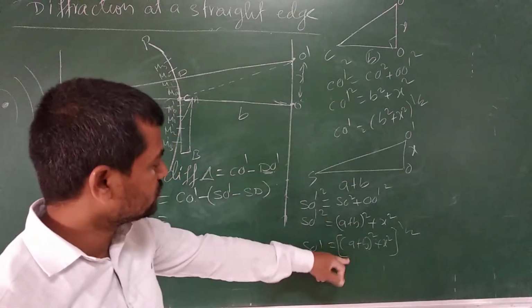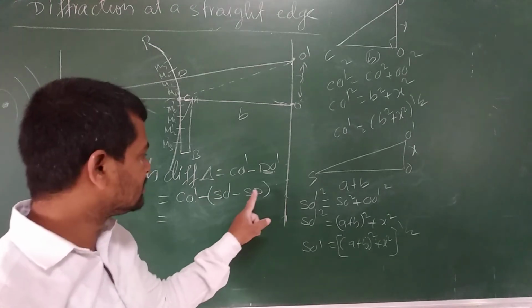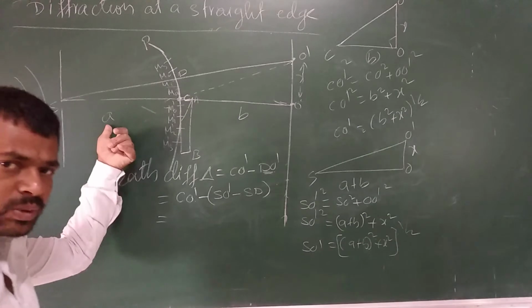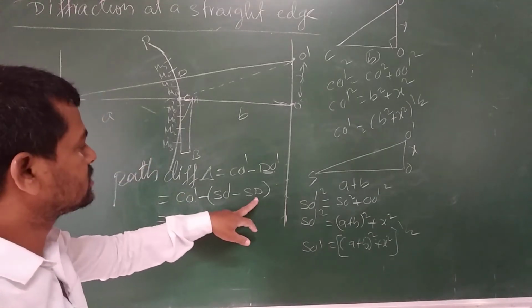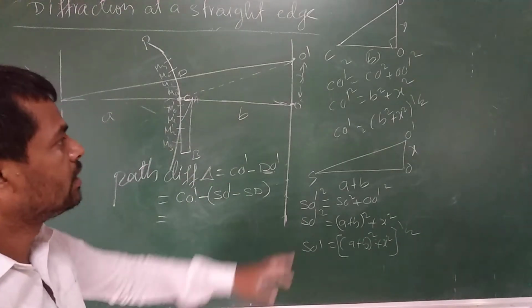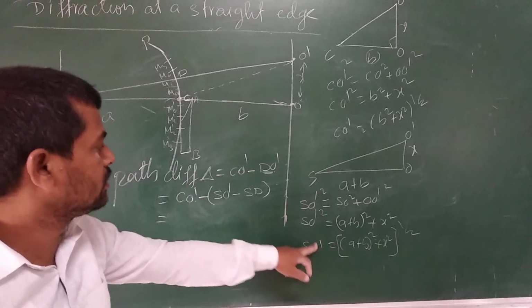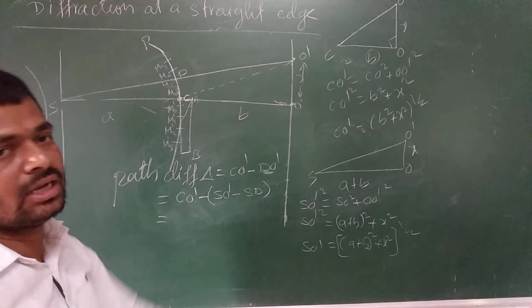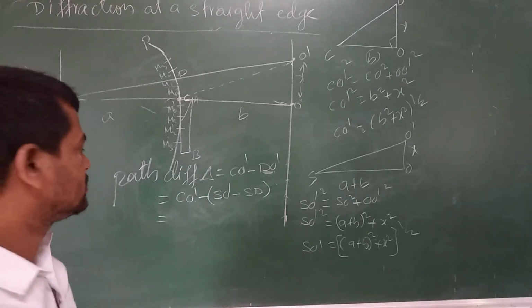Substitute these two values in this equation. S2 D, from here to here, is approximately equal to A. So substitute in the place of this D as A, and simplify it, you get the path difference.